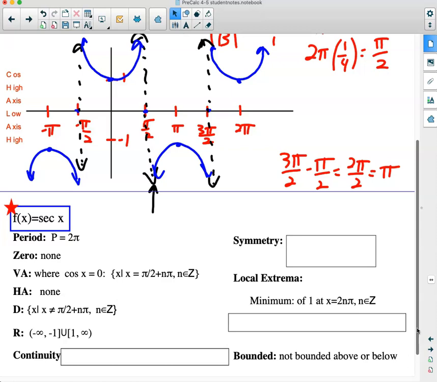There are no horizontal asymptotes, and our domain, again, is just where the vertical asymptotes are, but with a very important note: don't use those. Asymptotes, we're never going to get there. We approach, but we never touch. The range is a little different, because we notice that we have this big space between a y value of -1 and 1.